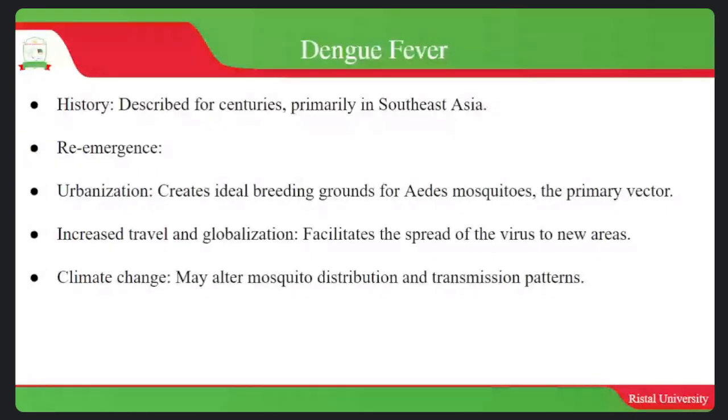Then the increased travel and globalization also facilitates the spread of the virus to new areas. The climatic change also may alter mosquito distributions and transmission patterns.